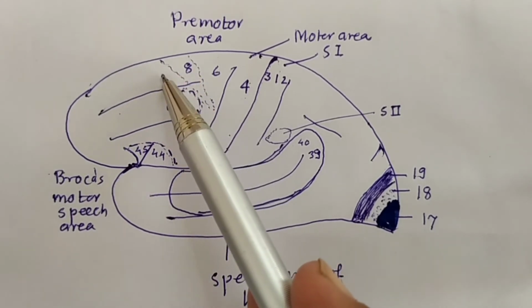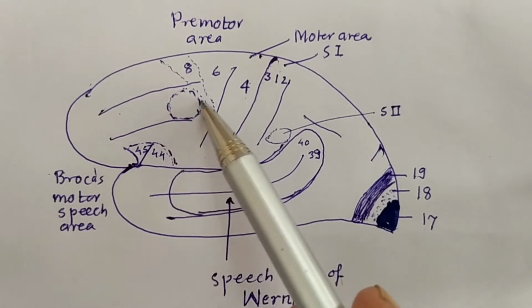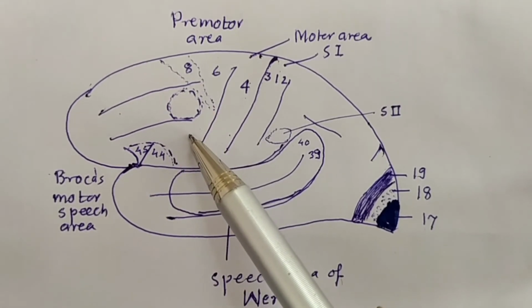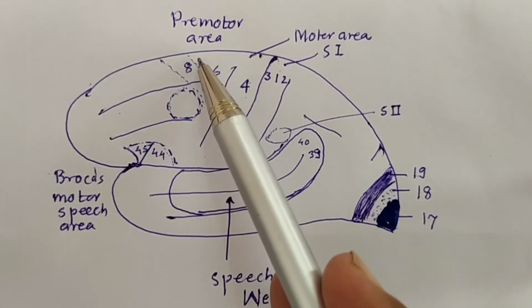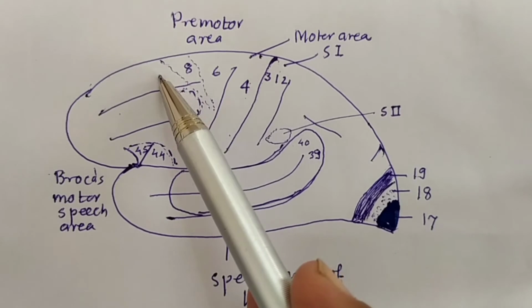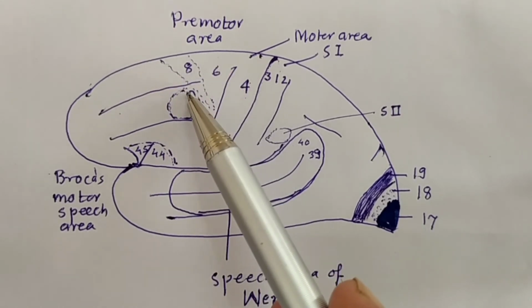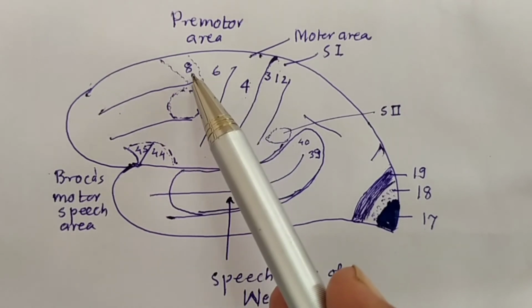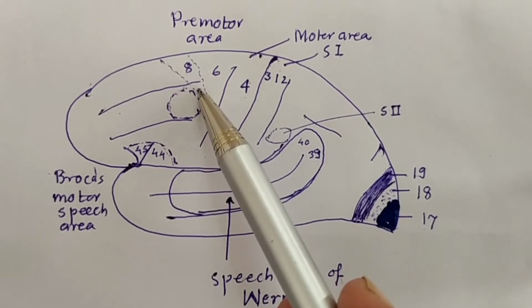The posterior part of the superior, middle and inferior frontal gyri forms the premotor area. The posterior part of the superior frontal gyrus and middle frontal gyrus, that is area number 6 and area number 8, is very important.